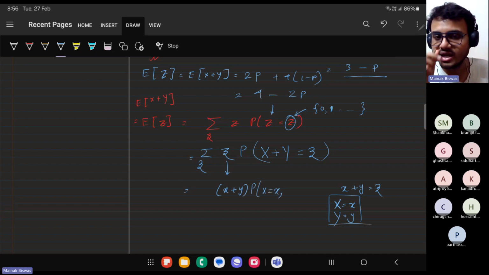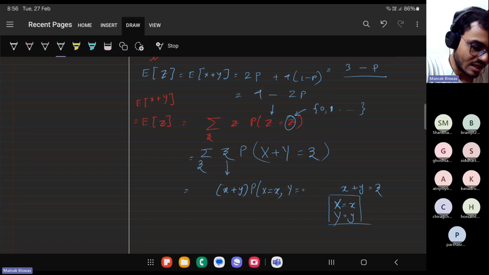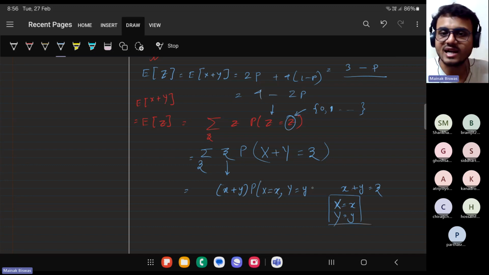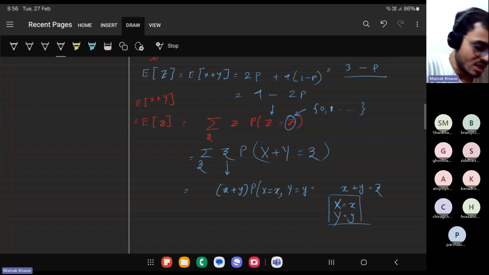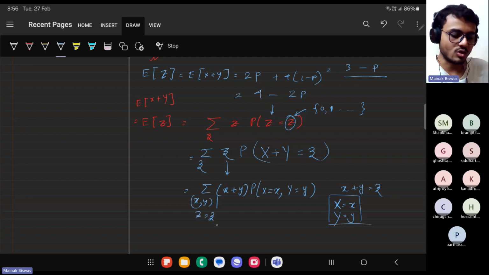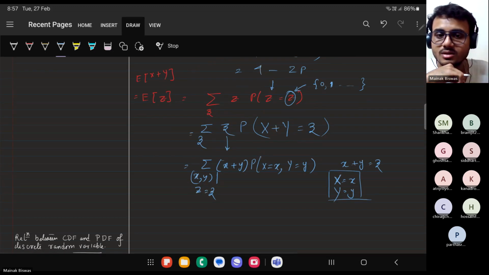I need to define it in terms of the events, but just to let you know intuitively, that means it is all the combinations of x, y such that Z is equal to small z. Is it okay? Is this conversion okay or not?